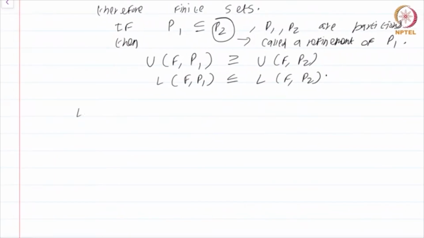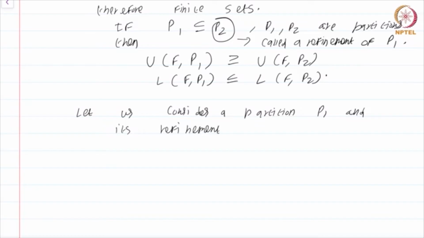Well, as I remarked, all these partitions are finite sets. Let us consider a partition P1 and its refinement P1 union {z}. I'm just going to add a single point z to a partition and see what happens.